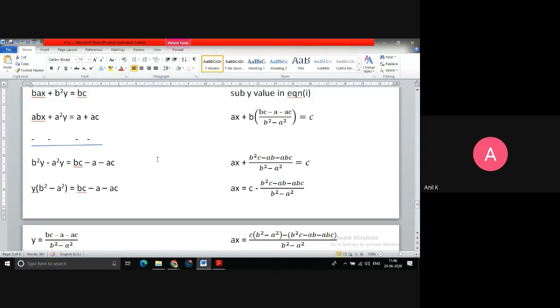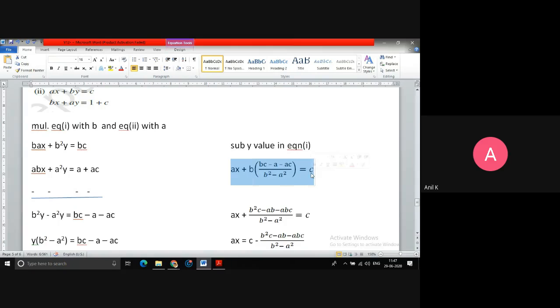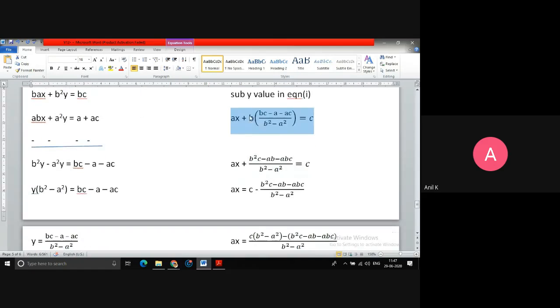Now see, if I substitute the y value in equation 1, what will happen? Equation 1 is ax plus by. So ax plus b, in place of y, I substitute the y value, equals c. Now what will happen here is this b will multiply with each and every term in the numerator.